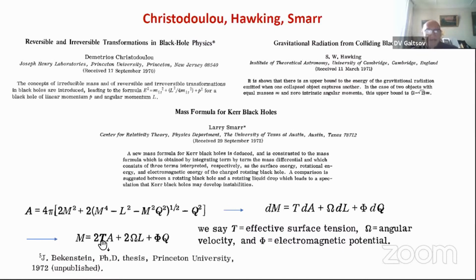Now he said that T is an effective surface tension. At that time it was considered a mechanical term, T dA is a mechanical term: if you stretch the horizon, you increase its mass by the tension term.